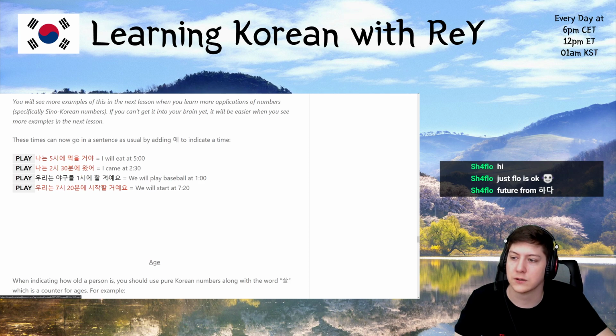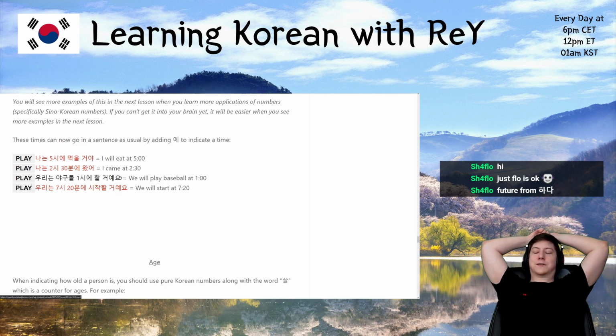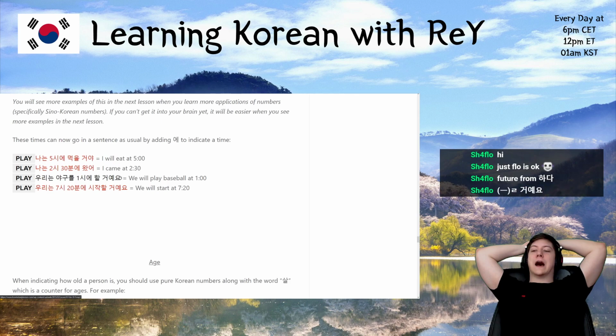This is a new future form where you add an R to the stem and then always a core and then your, yeah, I have it. Okay. It's basically we are the thing that will play baseball at 1.